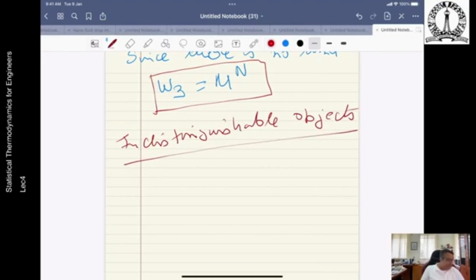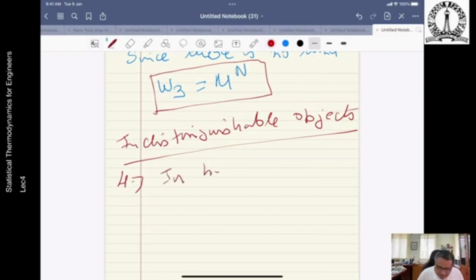There are now two cases of significance that we can ask, the same way that we asked the question with distinguishable objects. Here we ask the question for indistinguishable objects. Let's name it as 4.